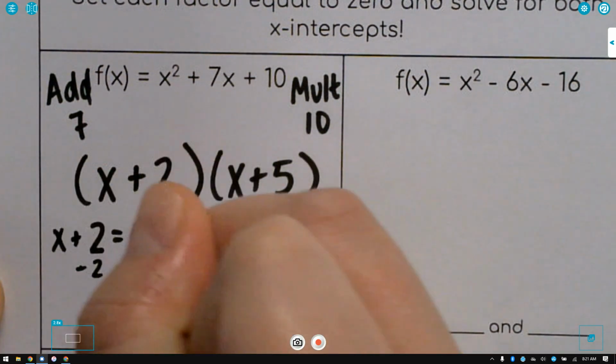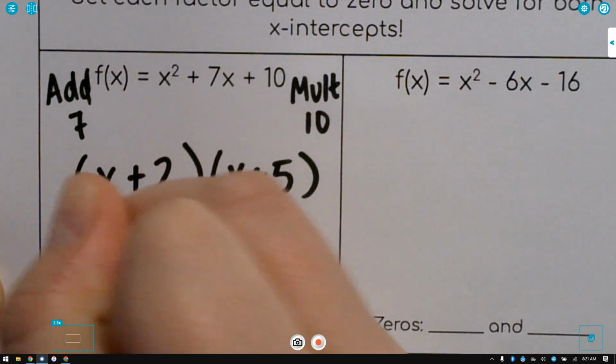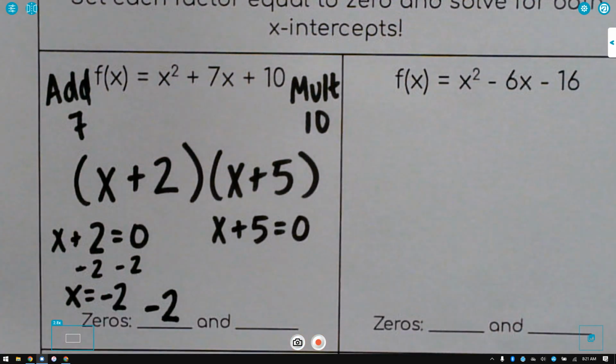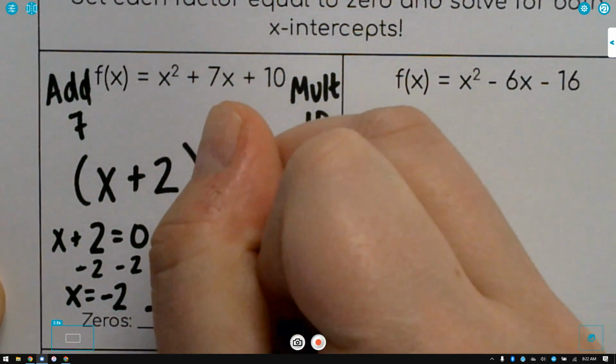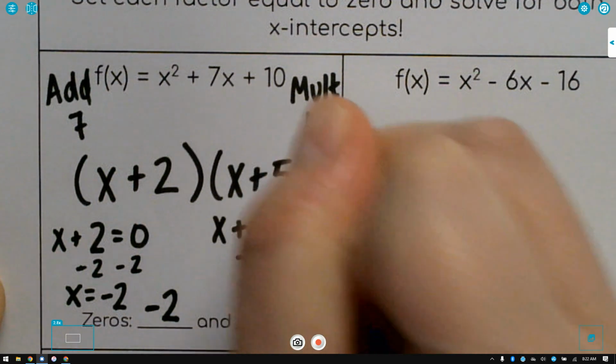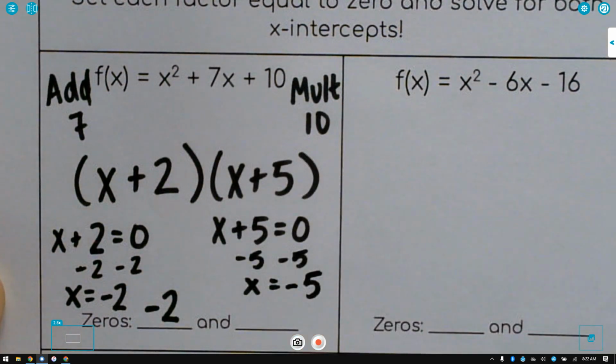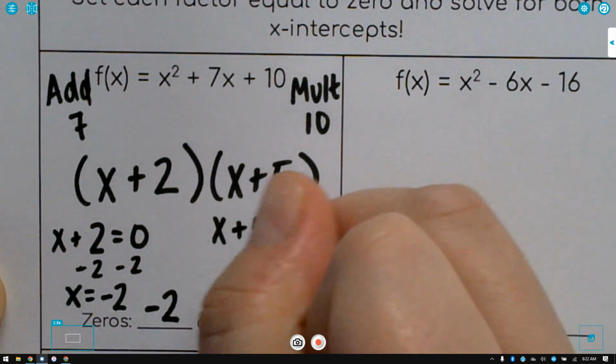I'm going to get x equals negative 2, because 0 minus 2 is negative 2. For x plus 5 equals 0, I would subtract 5 from both sides. I would get x equals negative 5. So my other 0 would be negative 5.